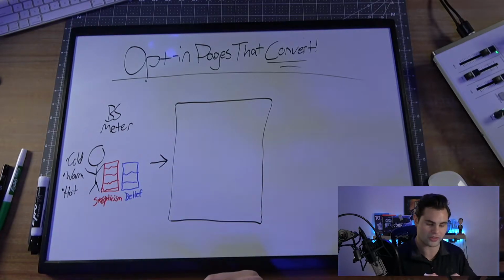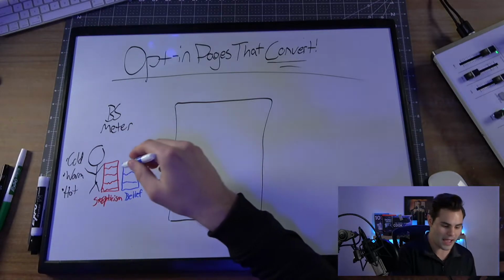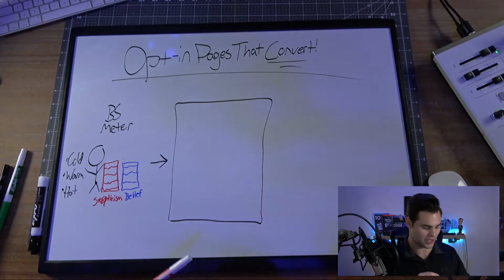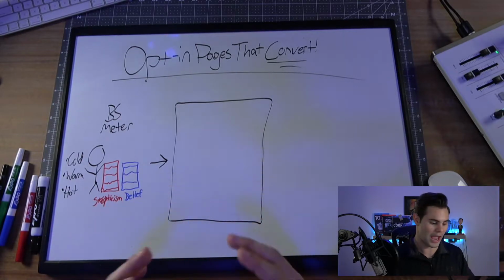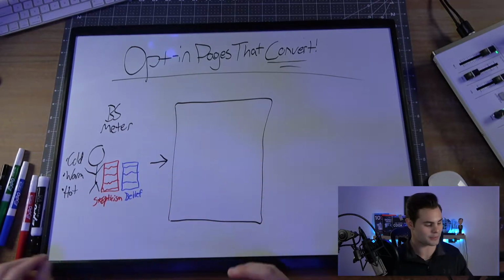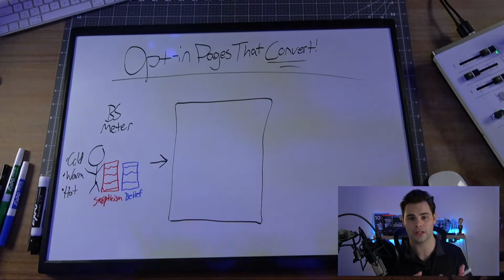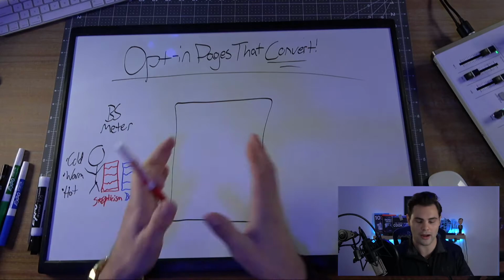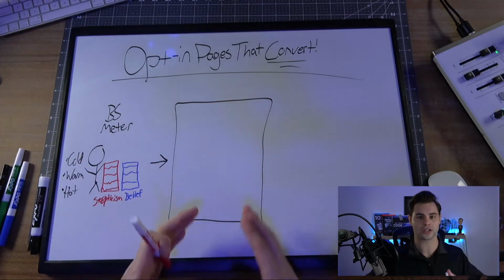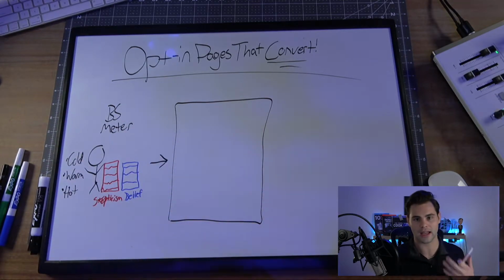They have almost no skepticism. They like you right off the bat and they're just going to believe whatever you say, right? The only way that people are actually going to take action on your opt-in page is if the belief outweighs their skepticism. So their belief in your product or you yourself, whatever you're selling, they believe that it actually works and they believe who you are and everything like that.